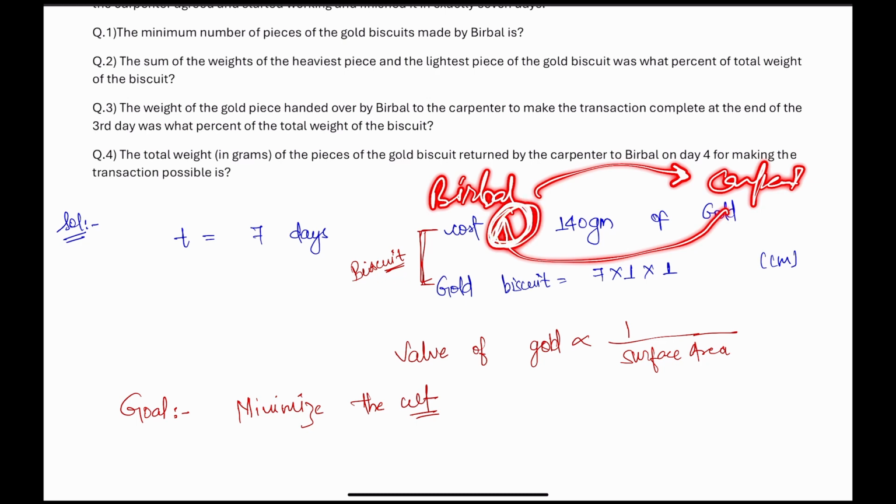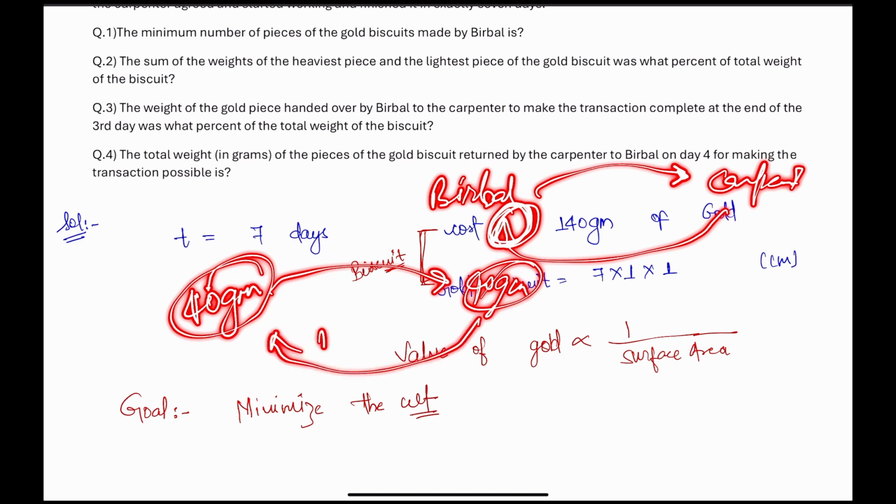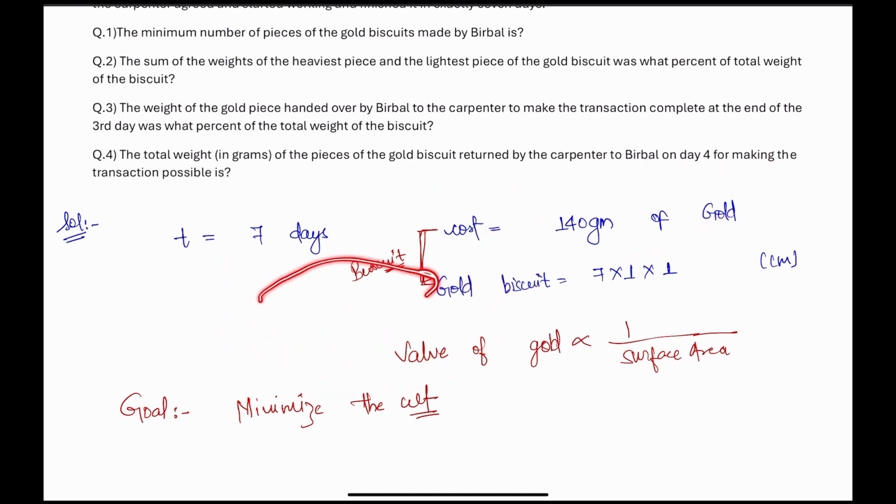Say Birbal has 40 gram gold, but Birbal just needs to make a 20 gram payment, so he will give 40 gram gold to him, and then the carpenter will return 20 gram. That's the only possible way. Otherwise, why should the carpenter ever pay Birbal? There is no such possibility unless Birbal pays him extra and he needs to give him the change.